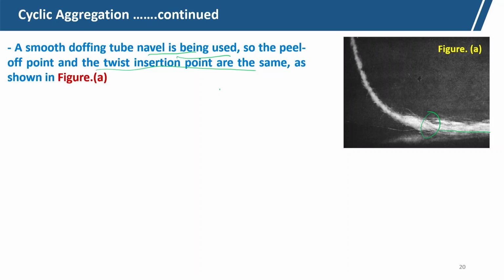Beyond that peel off point there is no twist, but if we use the notched nozzle or grooved nozzle, then due to the insertion of false twist, due to the peripheral twist extent, the twist will also be inserted in this zone.